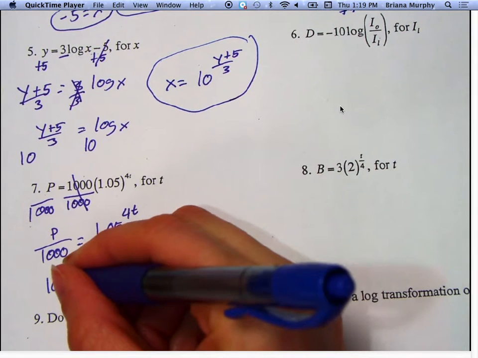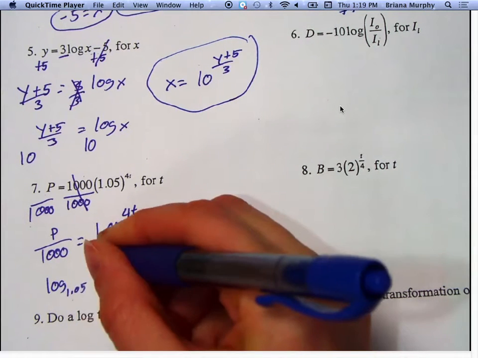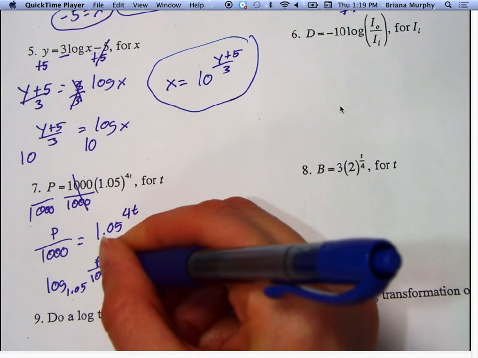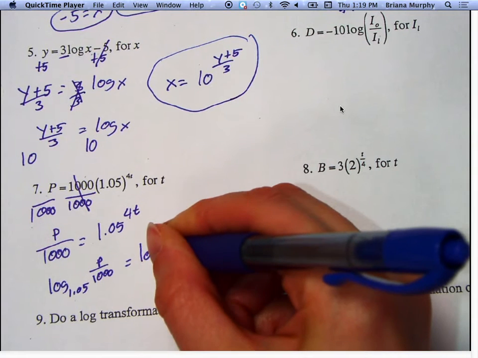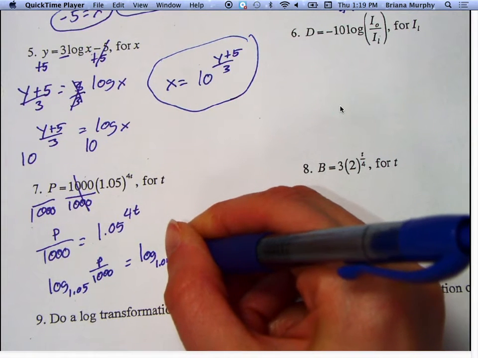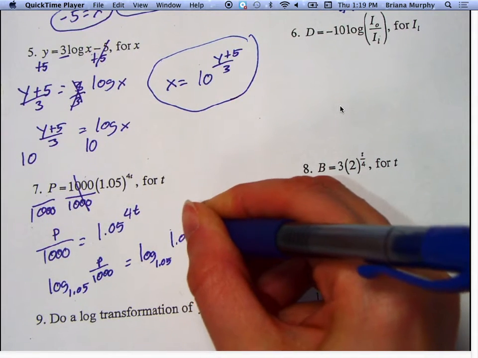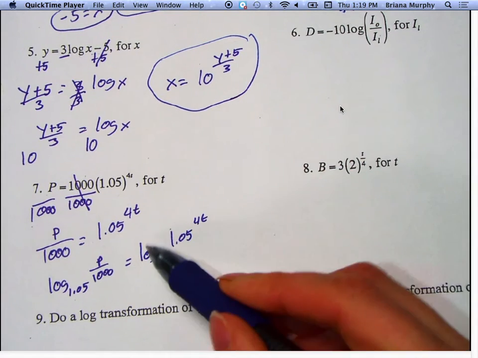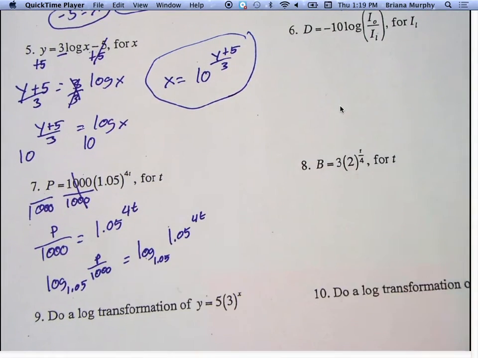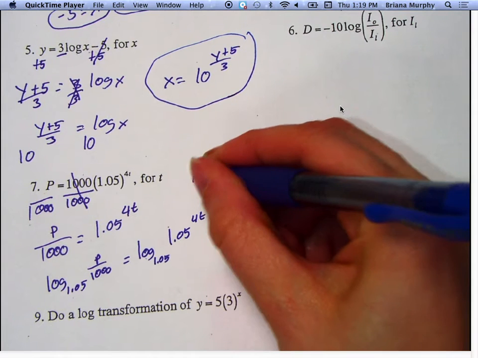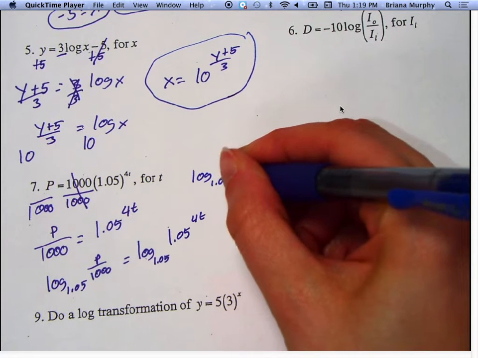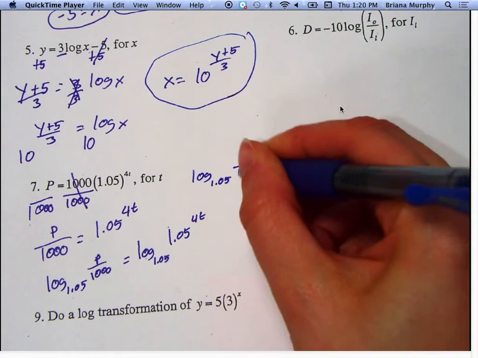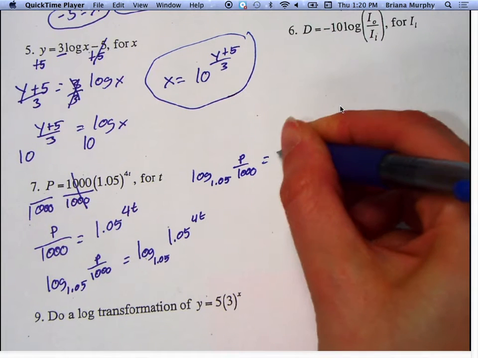Yeah, log base 1.05 of P over 1,000 equals log base 1.05 of 1.05 to the 4t. Now I know this gives me 1, and the power rule makes the 4t go in front. So I'm going to get log base 1.05 of P over 1,000 equals 4t.